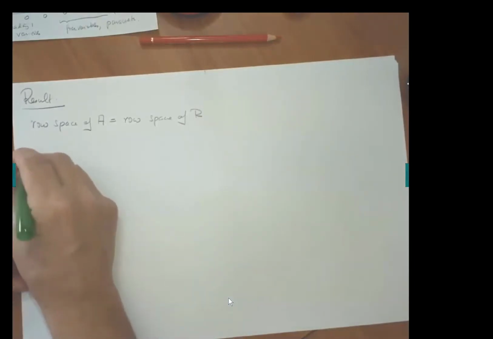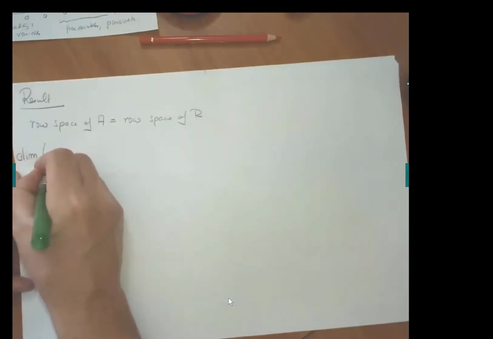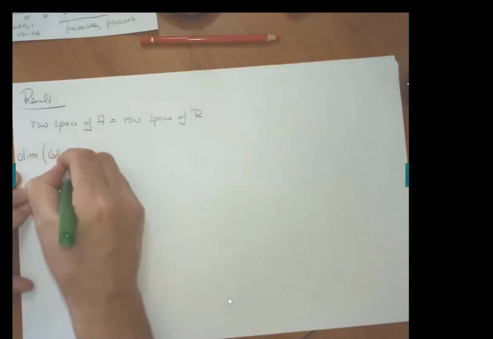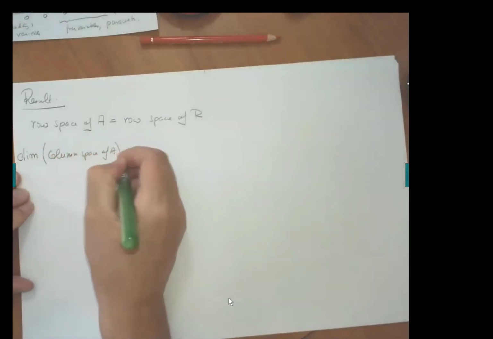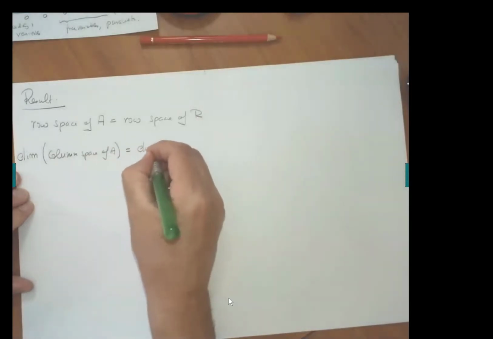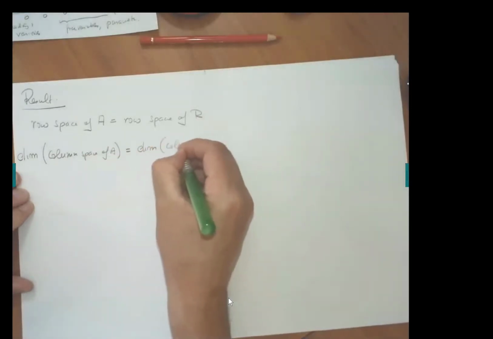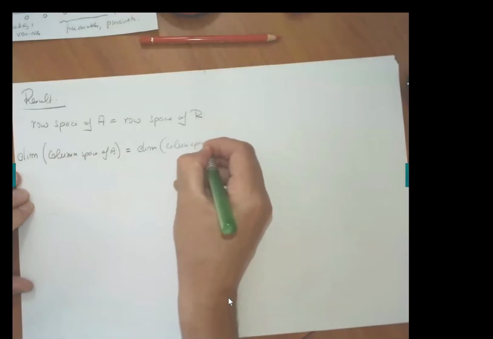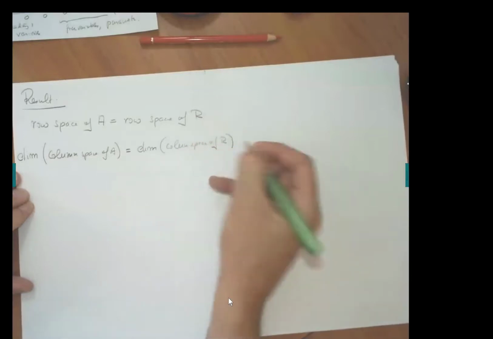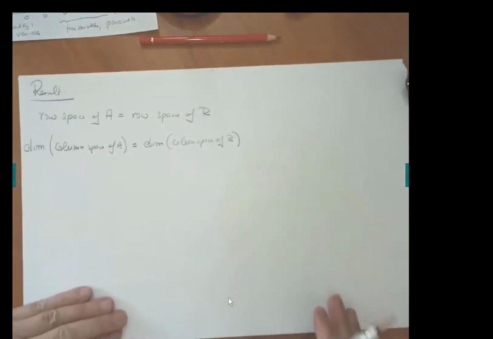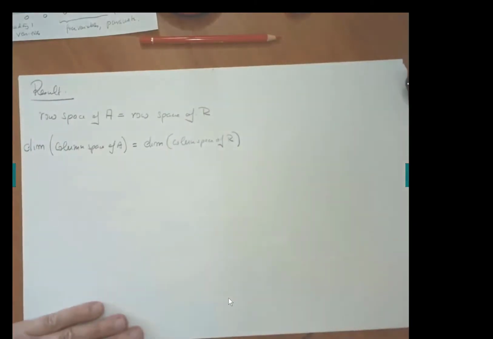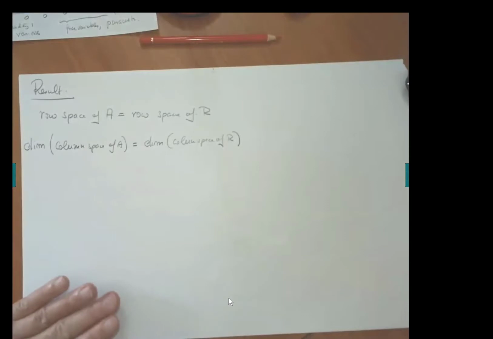And then I write dim for the dimension of the column space of A is equal to the dimension of the column space of R. So these are two results. As I said, they are not difficult to show. I just like to skip this. I've never done this in this class, but it would also not be a big issue to show. Actually, there's no deep secret in here.